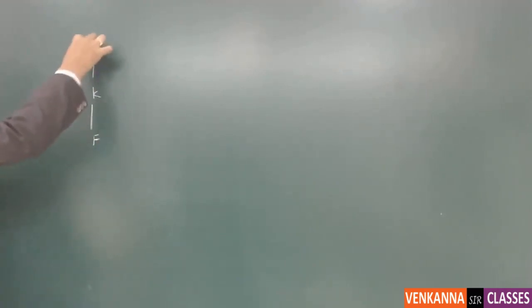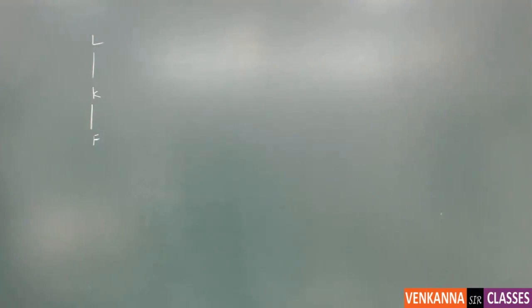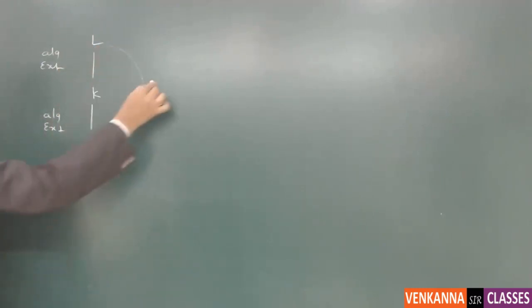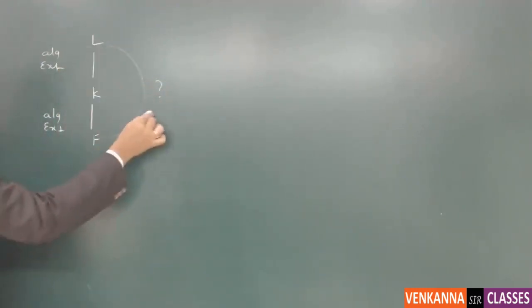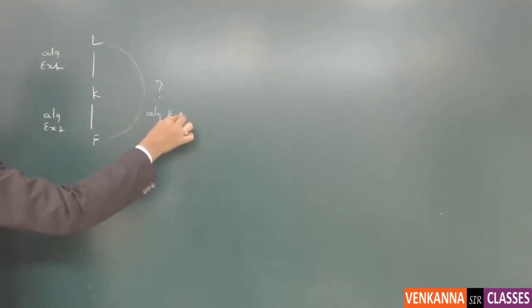So I have taken a hierarchy like this: F, K, L. I am saying that K is an algebraic extension of F, and also that L is an algebraic extension of K. So my task is: is L an algebraic extension of F?